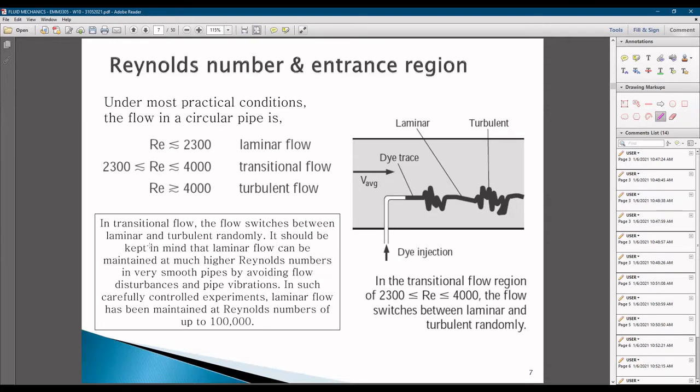It should be kept in mind that laminar flow can be maintained at a much higher Reynolds number in a very smooth pipe by avoiding flow disturbance and pipe vibration. In such carefully controlled experiments, laminar flow has been maintained at Reynolds numbers up to 100,000.